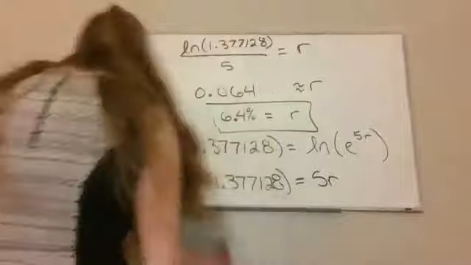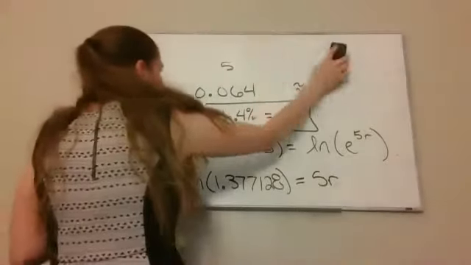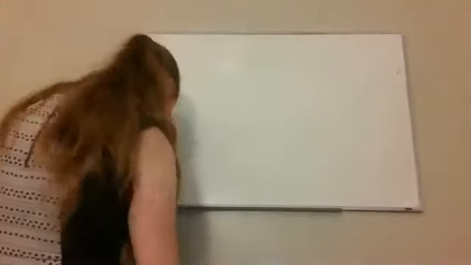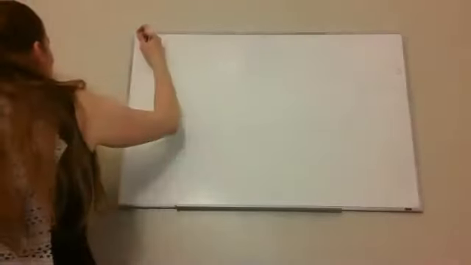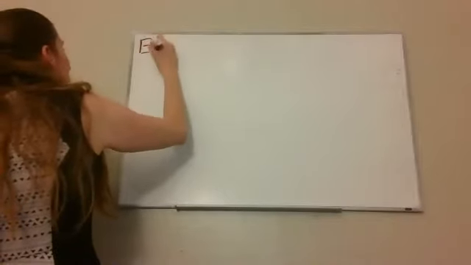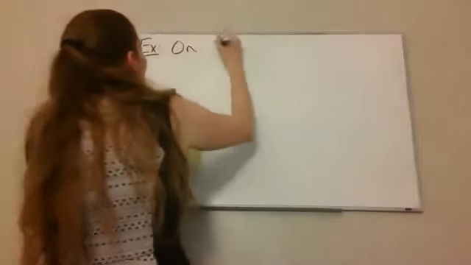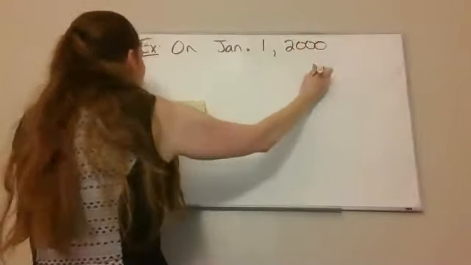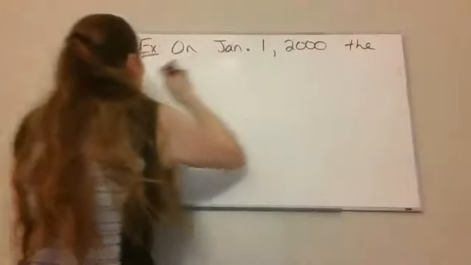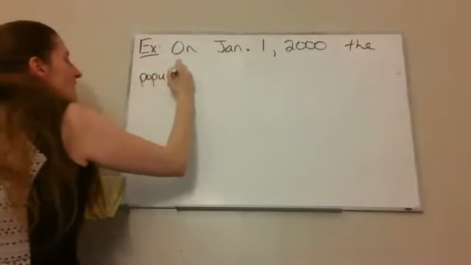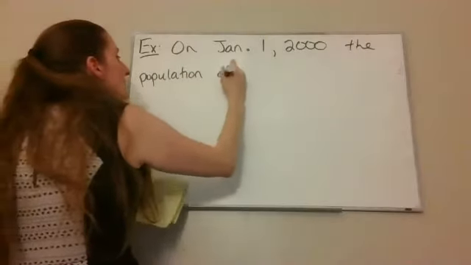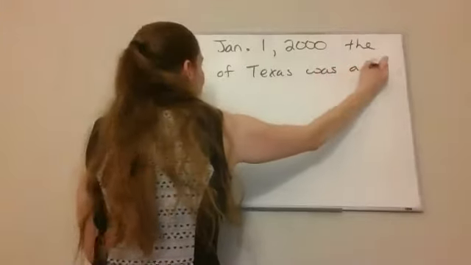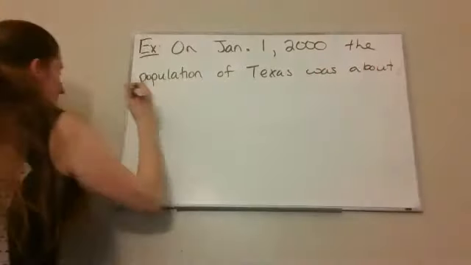Let's do another example of exponential growth. This time we're going to use a population problem. So an example. On January 1st of the year 2000, the population of Texas was about 21 million.